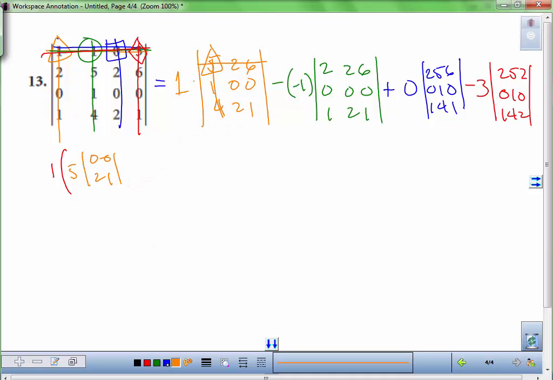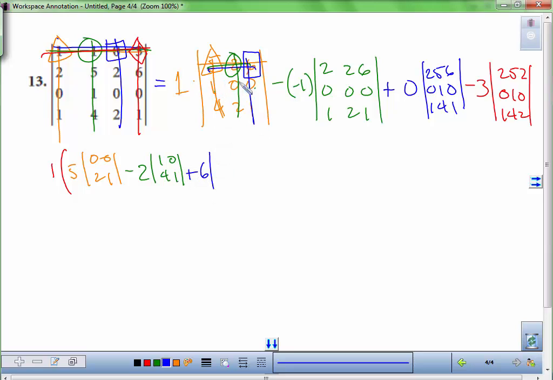And then I go to the next column, 2 with a negative sign. The submatrix is 1, 0, 4, 1. And then I go to the next one with a positive, that's 6.